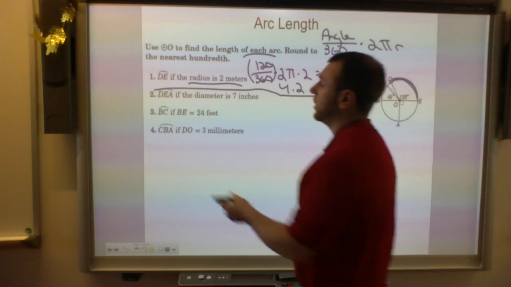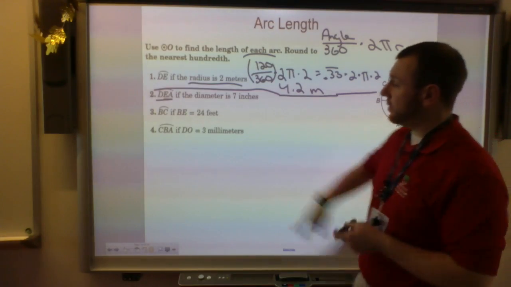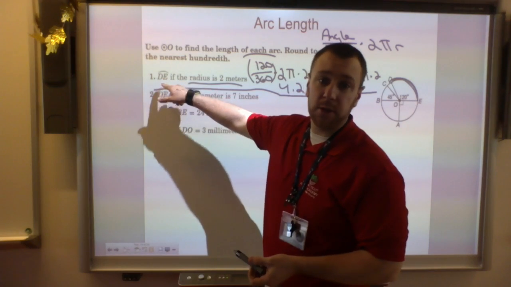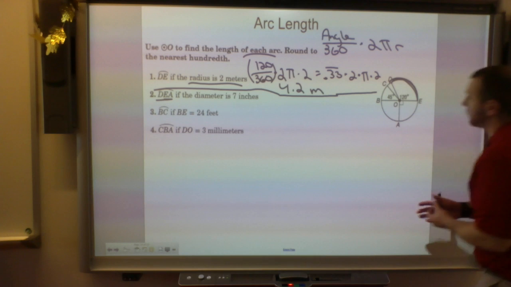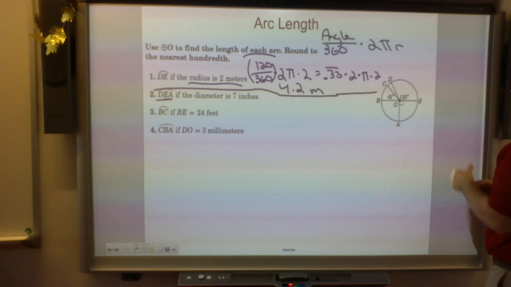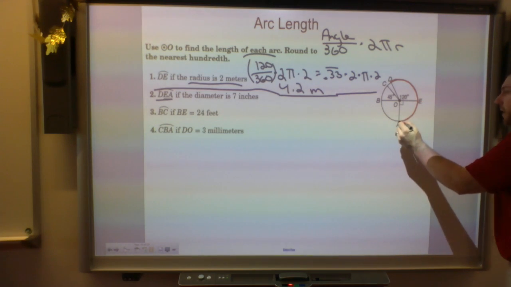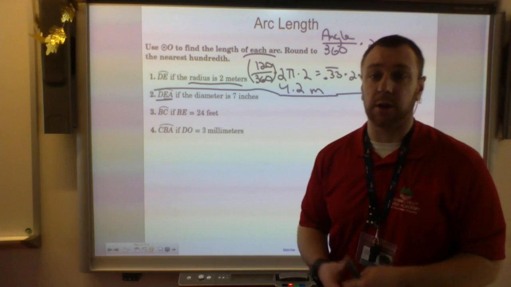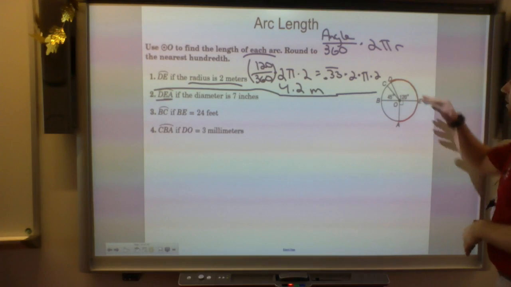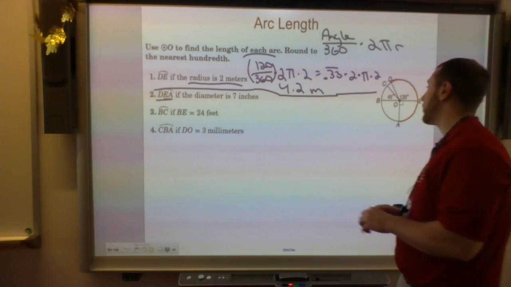The trick question comes from number 2, where it says DEA. Now, you'll notice that it doesn't have 2 letters, it has 3. It means I'm going to start at D, and go through E onto A. It's what we call a major arc, or an arc that goes past 180 degrees, or half the circle.